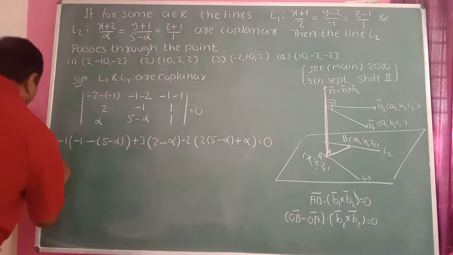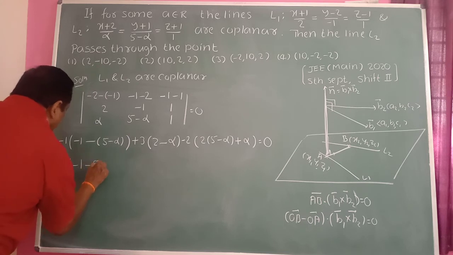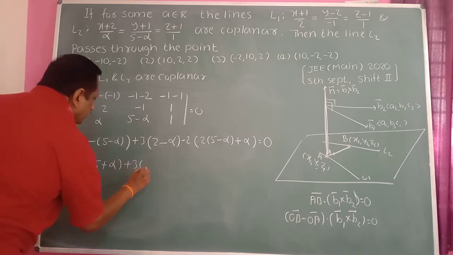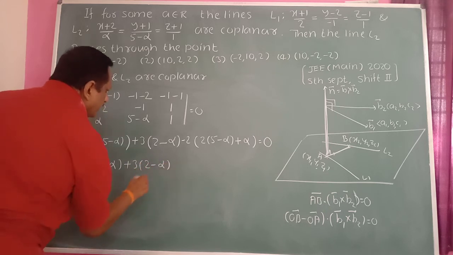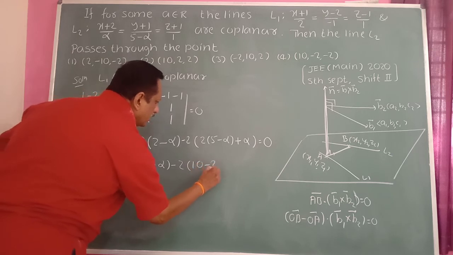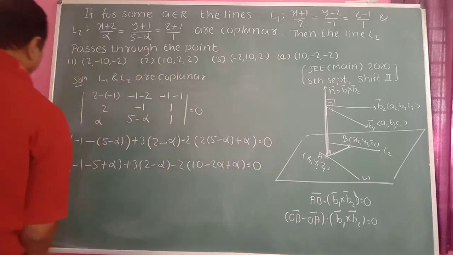Now simplify: minus 1 into minus 1 minus 5 plus alpha, then plus 3 into 2 minus alpha, then minus 2 into 5, that is 10 minus 2 alpha plus alpha, equal to 0.